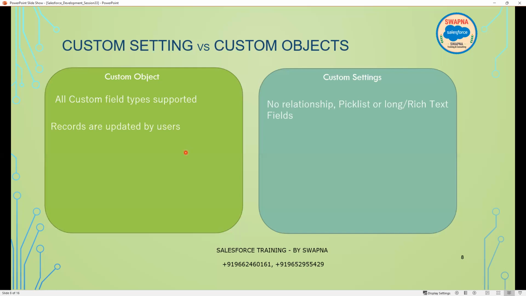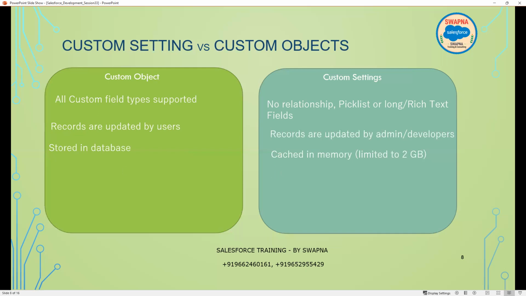The second one is that records are updated by users in a custom object, whereas in custom settings, records are updated by admins or developers. The third one is that custom object data is stored in the Salesforce database, whereas custom settings are stored in the application cache in memory.